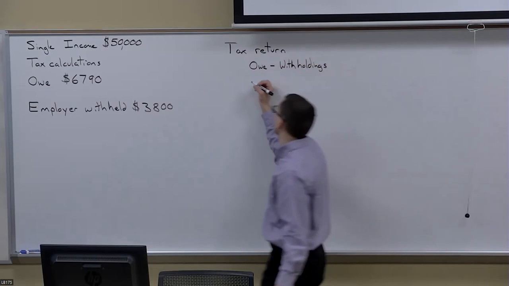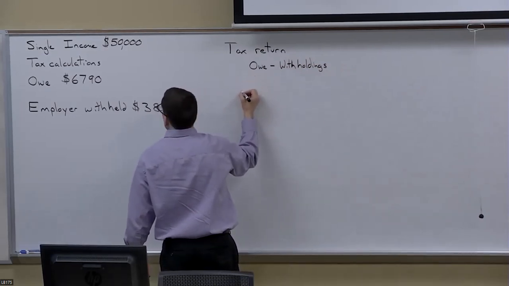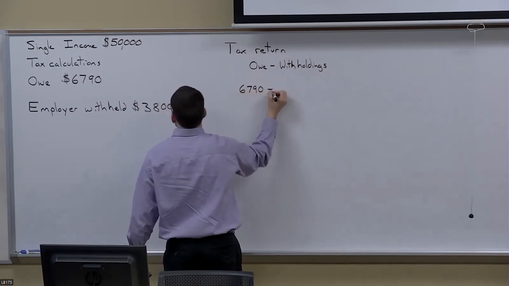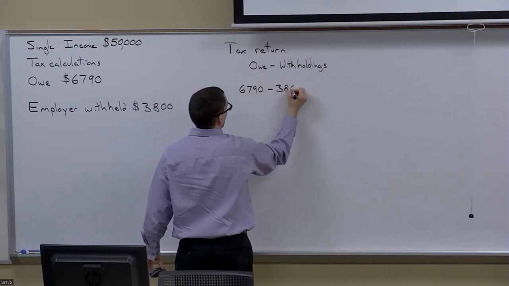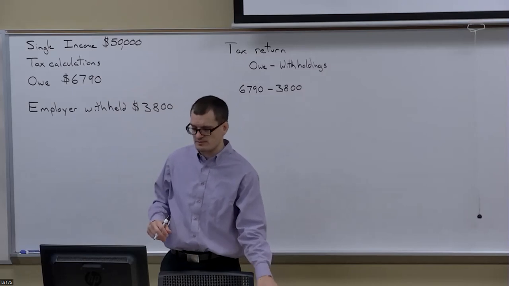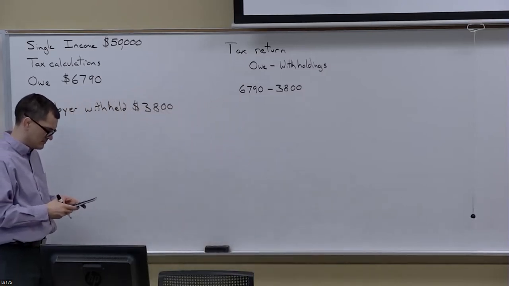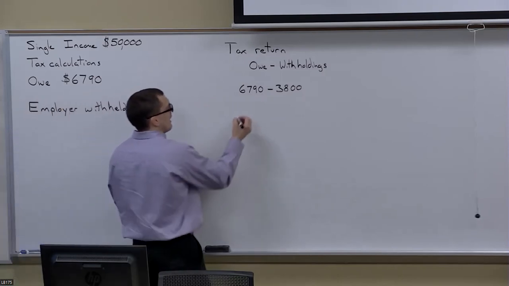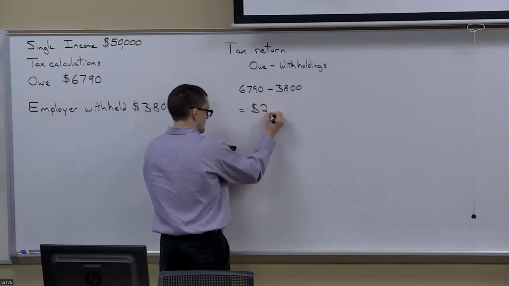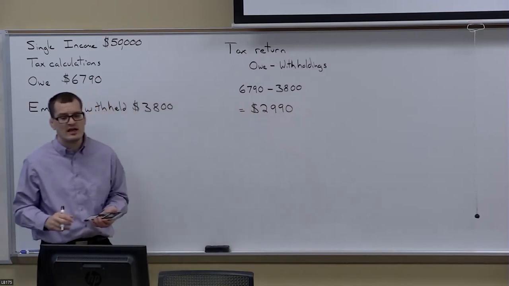You can go withholdings minus how much you owe. But in this case, 6,790 minus 3,800. We just type that into our calculator, and we get $2,990.